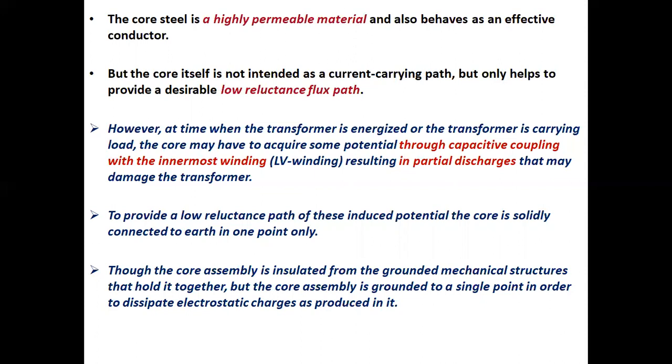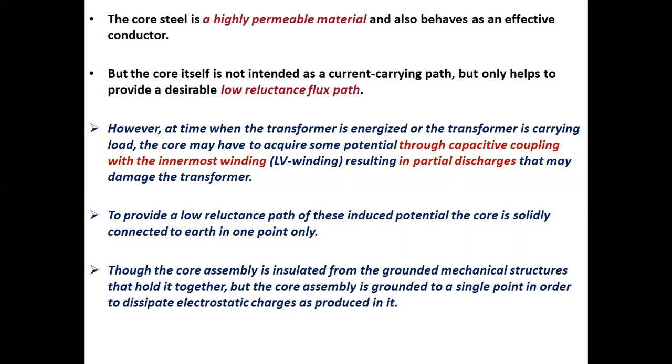However, when the transformer is energized or carrying load, the core may acquire some potential through capacitive coupling with the innermost winding, that is LV winding, resulting in partial discharges that may damage the transformer.